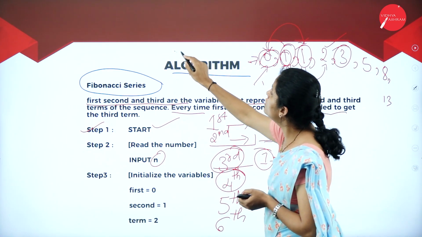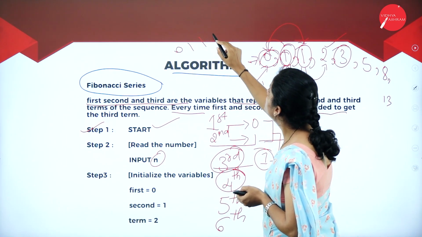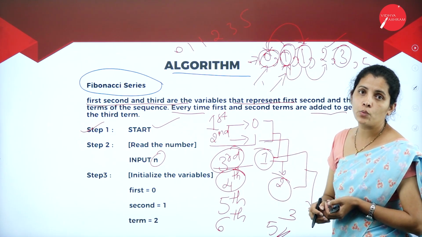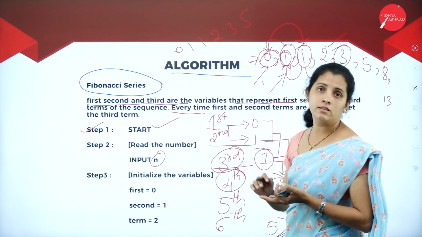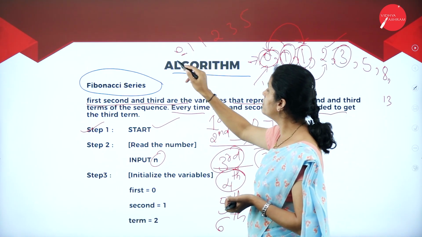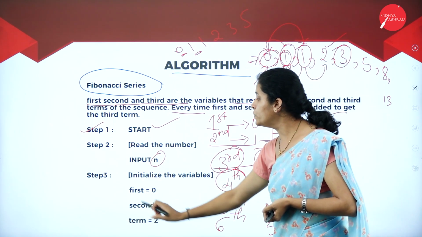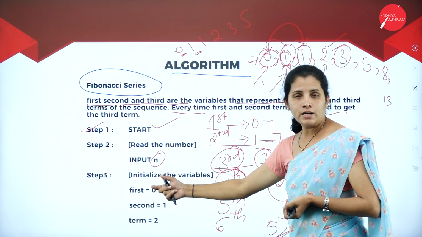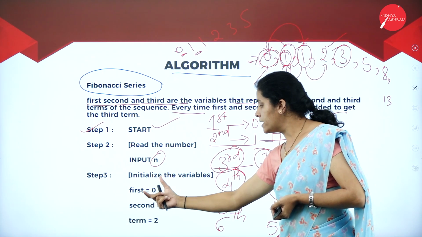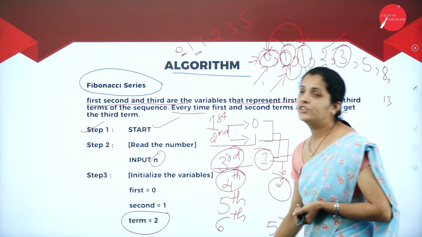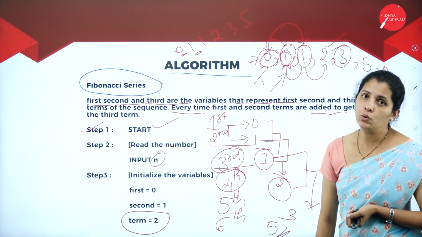That is 0, 1, 1, 2, 3, 5. So what values do I require here? To get my third value, I require the first value as well as the second value. So I'm going to initialize first equal to 0 and second equal to 1. And why am I going to initialize term equal to 2?